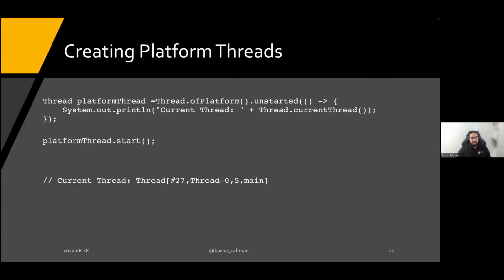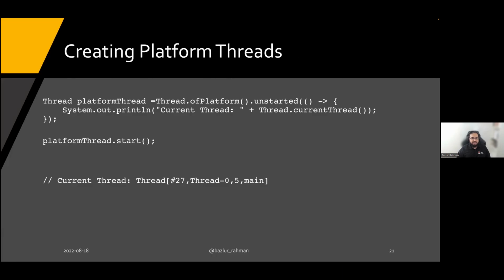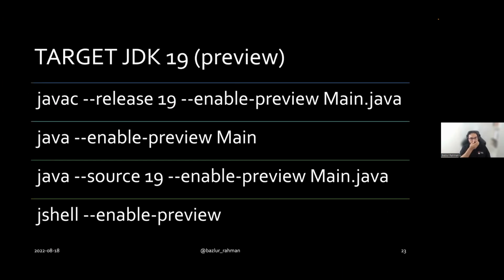All right, so these are the slides I have shared so far. I am using Java 19 for virtual threads, and if you want to run them, you have to use additional flags.